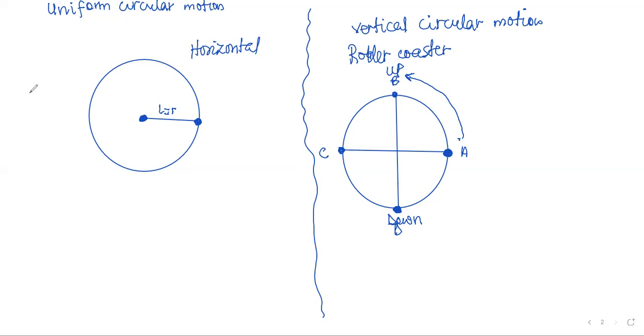Now, when the object is down, what will be the direction of the weight of the object? Anybody? When the object is at the point D, down, what is the direction of its weight?